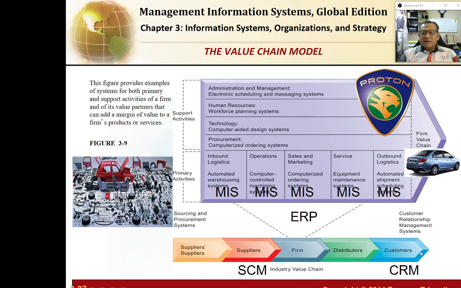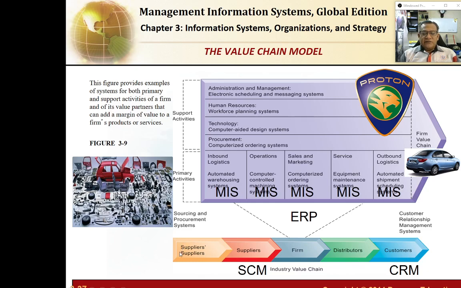From left to right, basically we are moving from the supplier. This is what they call tier 2 supplier, and then tier 2 supplies to tier 1 supplier. And this supplier, for example, Toyo Tires supplies tires to Proton, which is the assembling company itself, and Proton then subsequently distributes the finished product to distributors, like to their showrooms, to their agents, and then customers buy Proton Saga from distributors.